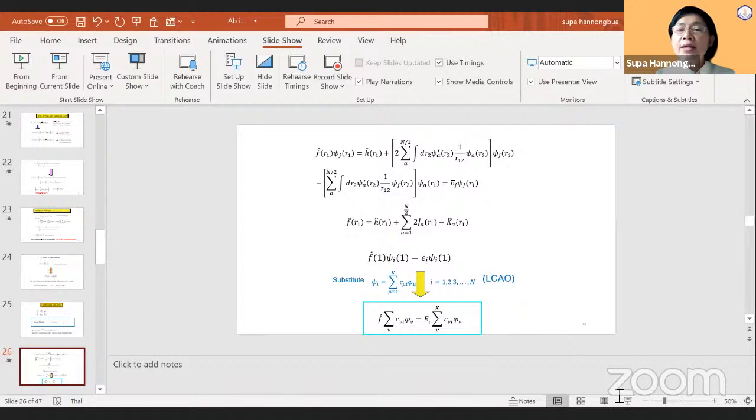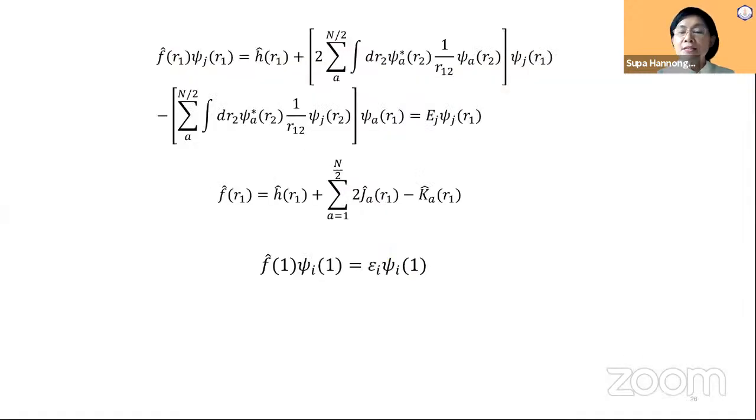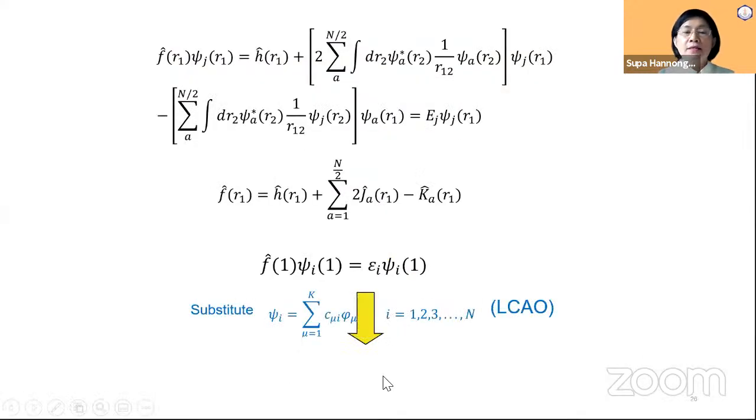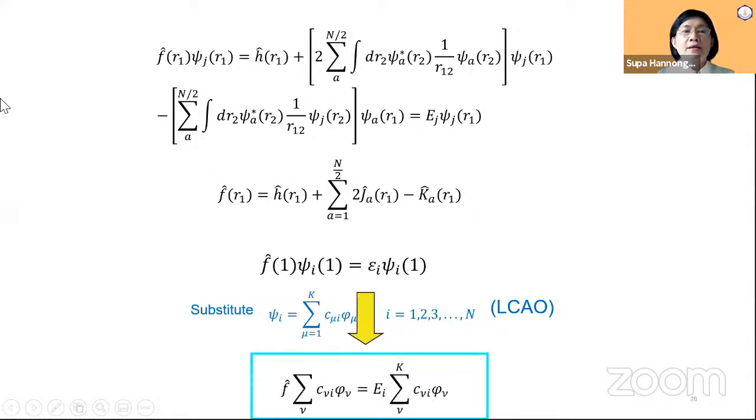There are so many equations over here. At the end, I just give you a little bit of an idea that when Hartree-Fock and Roothaan consider the steps and try to solve the Schrödinger equation, finally we obtain the Roothaan equation, as shown to you in the block.